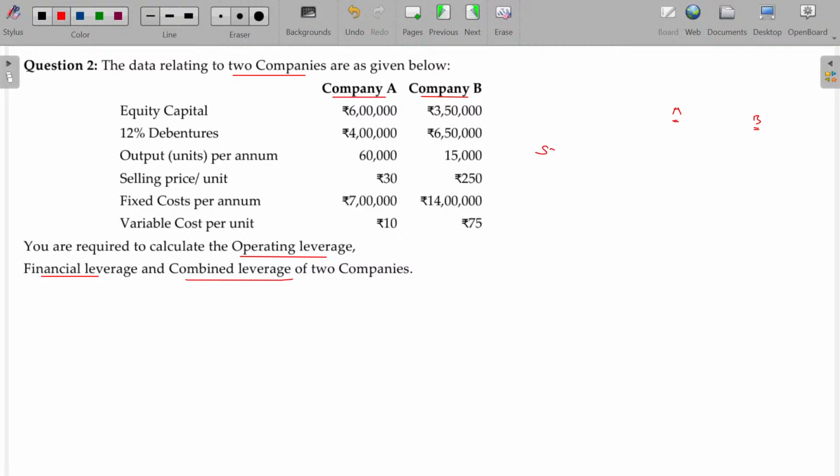Sales, 30 rupees and units being this much. So you have to multiply these two. 60 into 30, 18 lakhs. For B, 15 into 250, 37 lakhs 50,000.